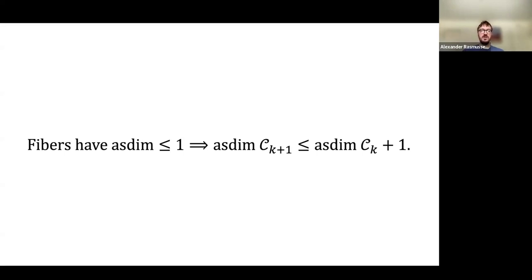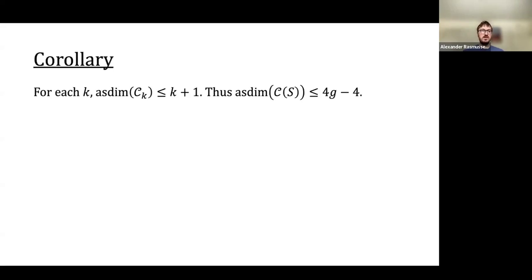Well, at each step, the asymptotic dimension can only increase in the way you expect, so it can only increase by at most 1. So we get as a corollary for each k, the asymptotic dimension of C_k is at most k plus 1. In particular, the asymptotic dimension of the curve graph itself is at most 4g minus 4, which is the same bound that Bestvina and Bromberg got using different methods.